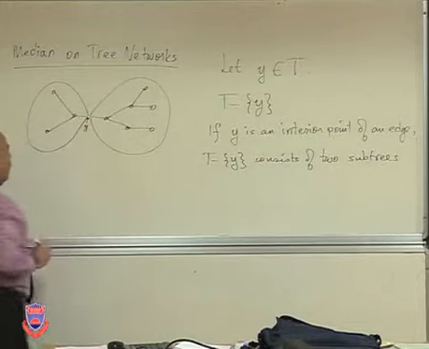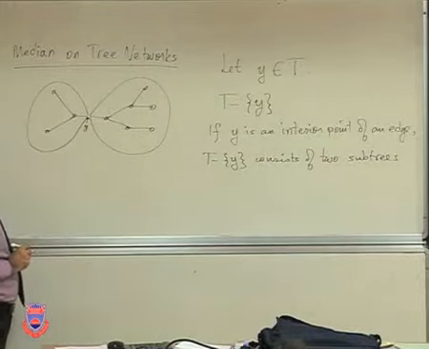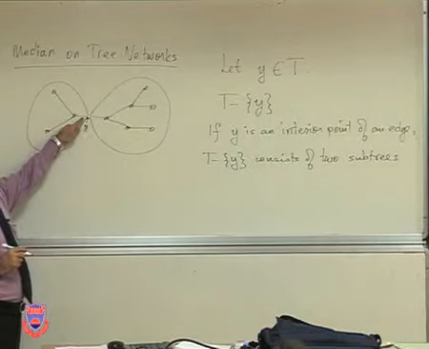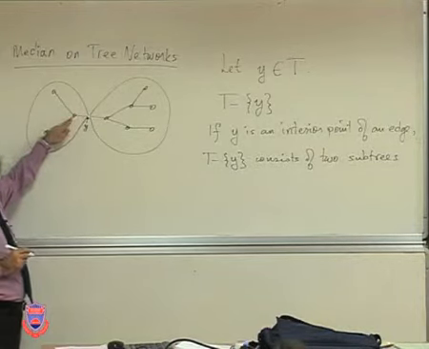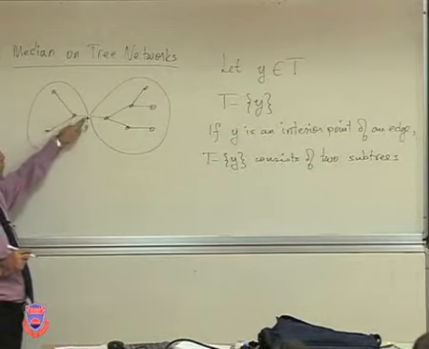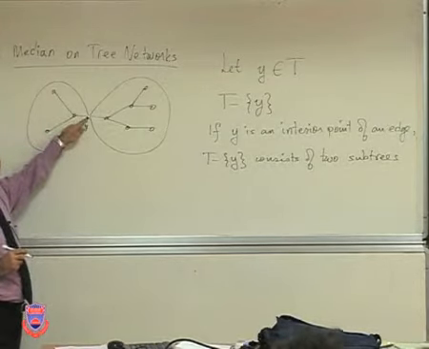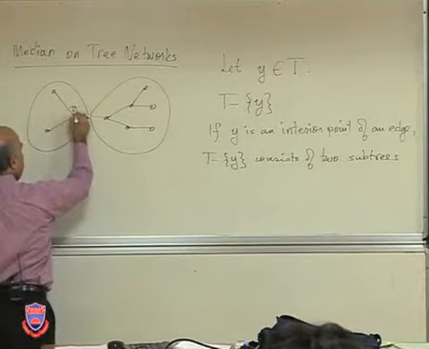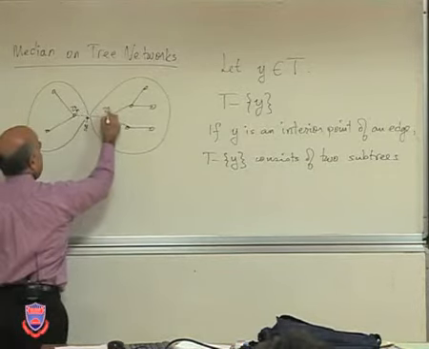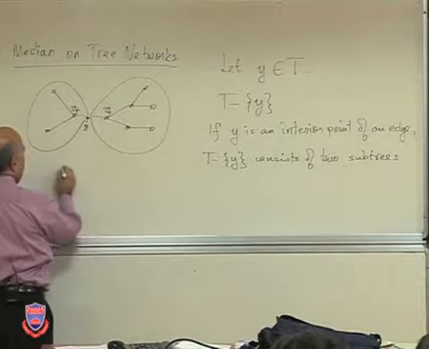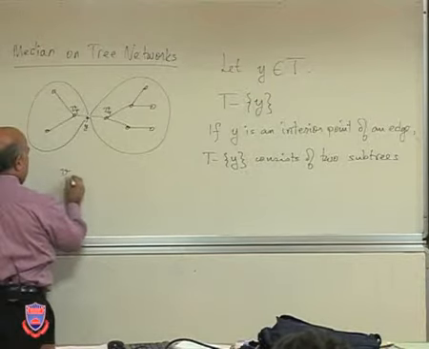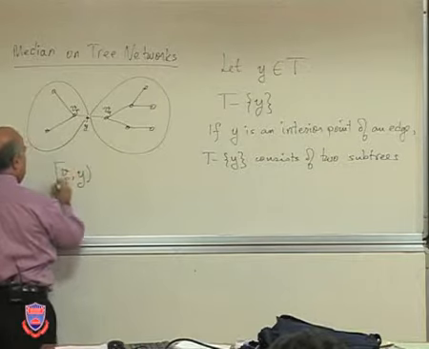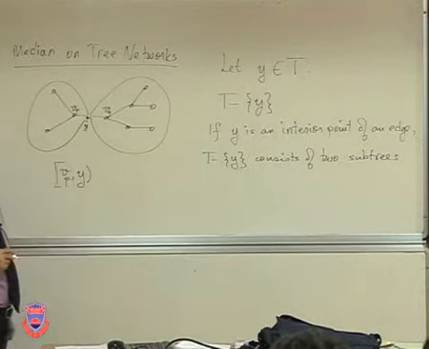Okay. So this sub-edge would be a half open edge. It would be closed on the vertex side. It would be open on the y side because y is deleted. So if this is, for example, VP and that's VQ, then we're talking about the edge VP to y, except y is not included.